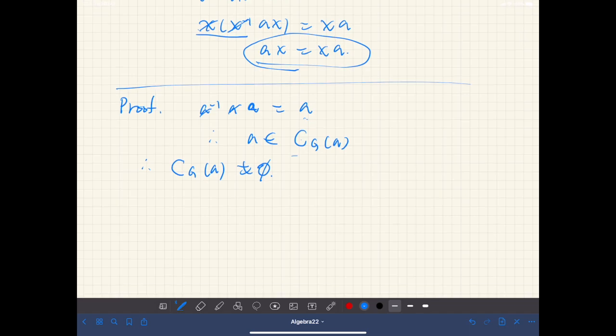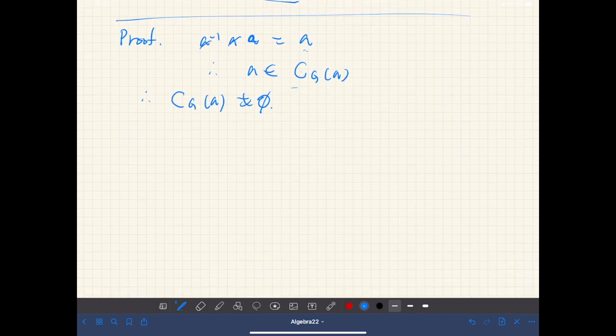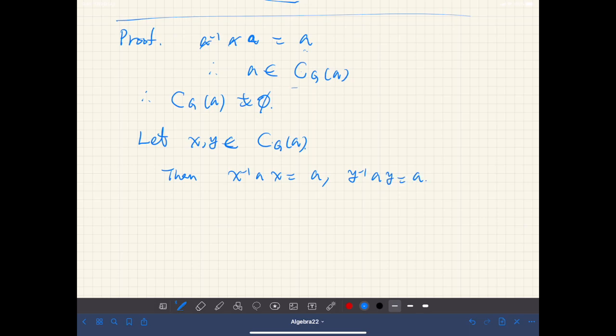Now we check the subgroup criterion. First, we need to check that this set is closed under multiplication. So let x and y be two elements from this set. Then this means x inverse A x is equal to A and y inverse A y is equal to A, because that's the definition of this set.